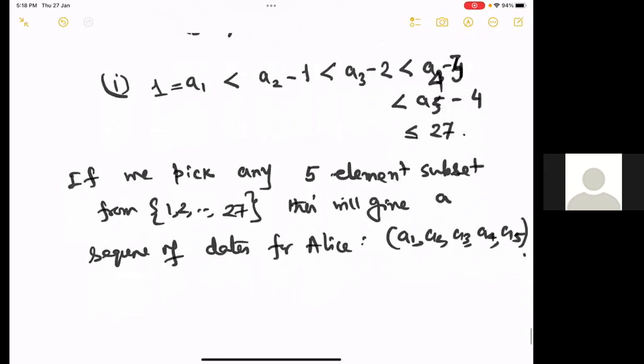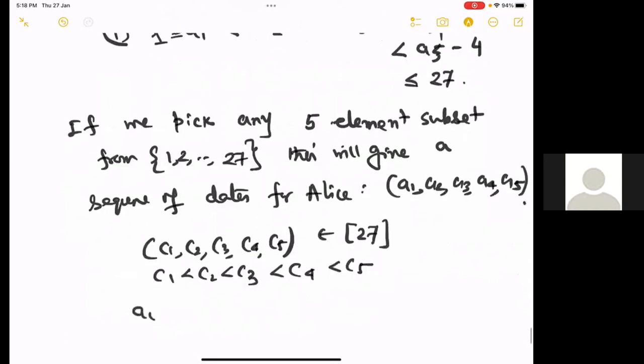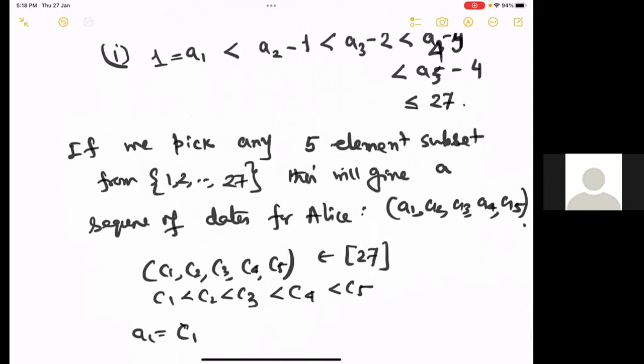Because if you choose some C1, C2, C3, C4, C5 from 27, you can think of them in increasing order. Then you can select your A1 to be C1, your A2 minus 1 to be C2, so your A2 is basically C2 plus 1, and so on.